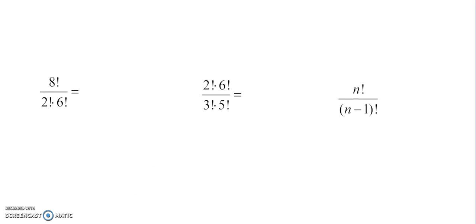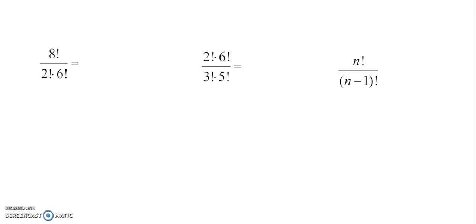Nice part about simplifying factorials. If you think of 8 factorial as 8 times 7 times 6 times 5 times 4 times 3 times 2 times 1, on the bottom here you have 2 times 1, that's 2 factorial, and then 6 times 5 times 4 times 3 times 2 times 1.